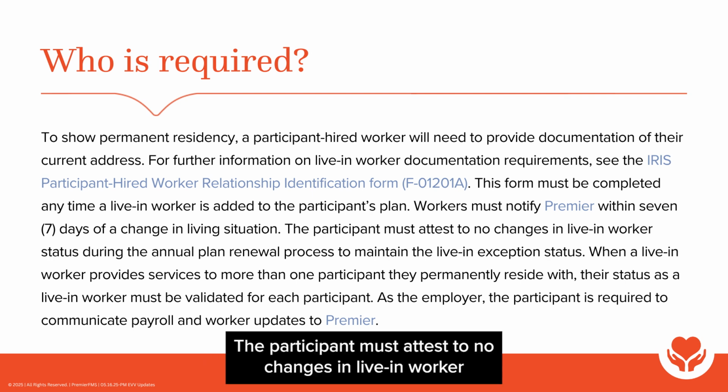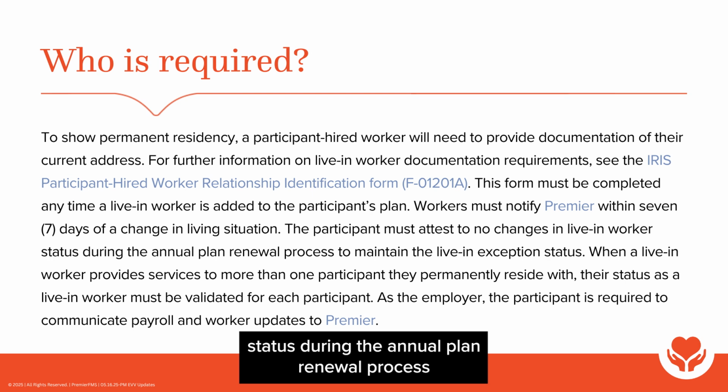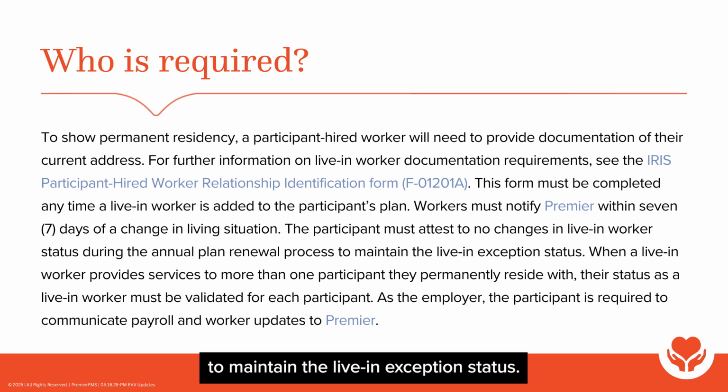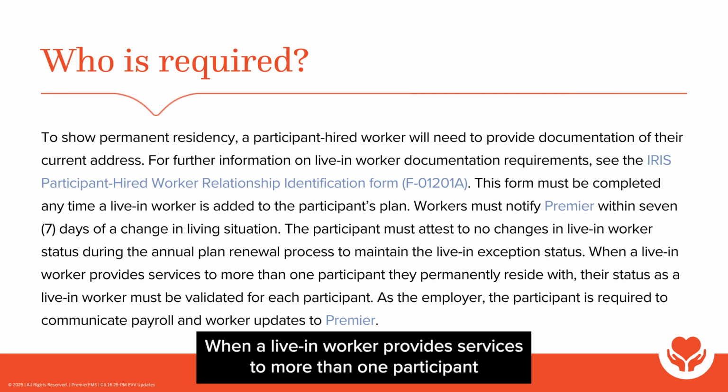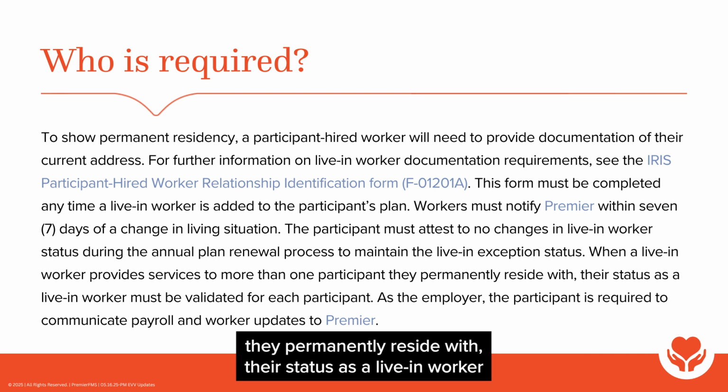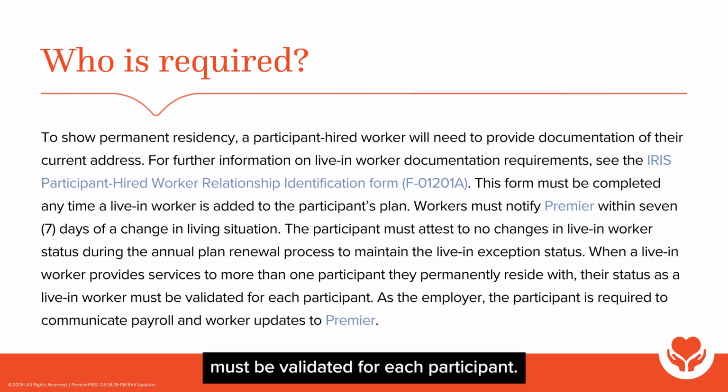The participant must attest to no changes in live-in worker status during the annual plan renewal process to maintain the live-in exception status. When a live-in worker provides services to more than one participant they permanently reside with, their status as a live-in worker must be validated for each participant.